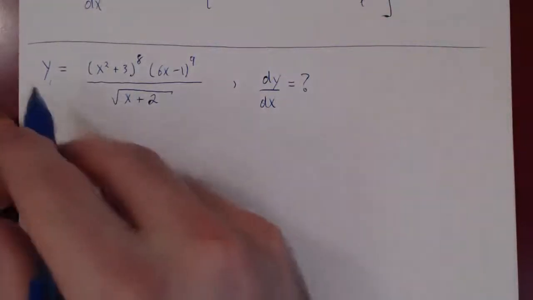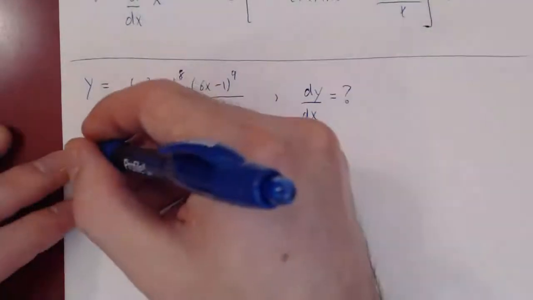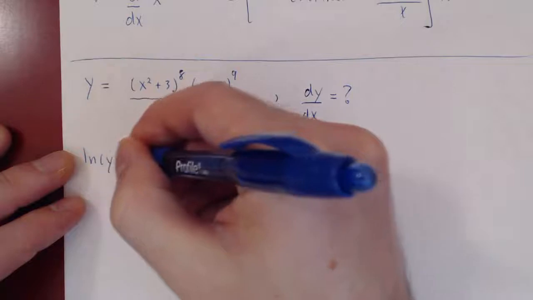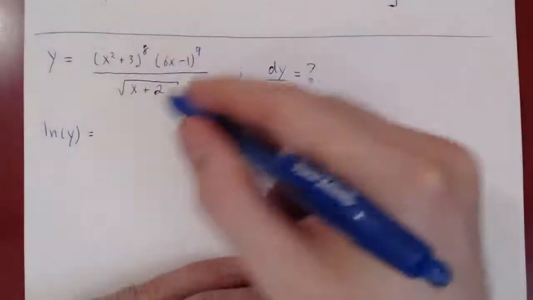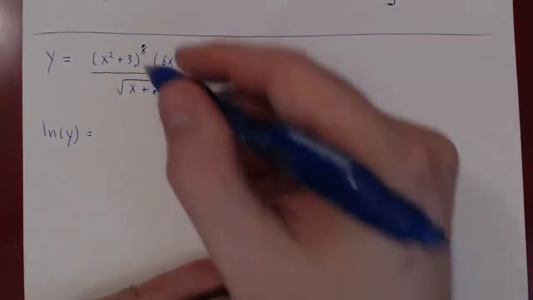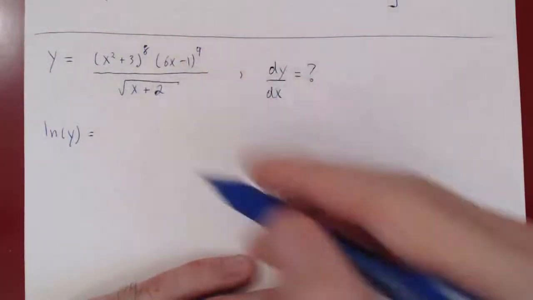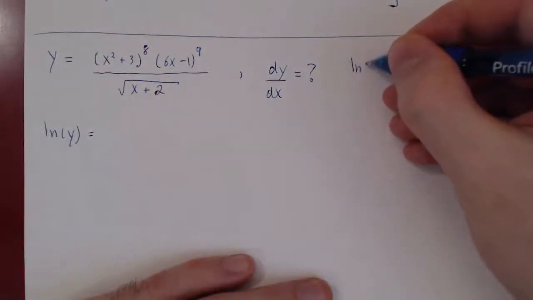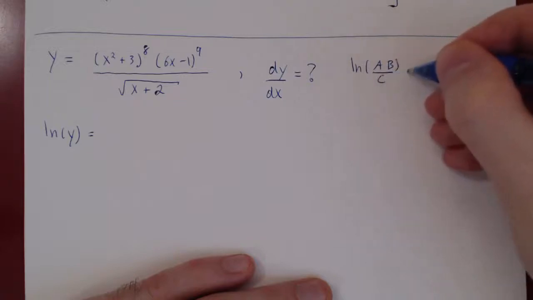So let's take ln on both sides and then simplify the expression. So we have ln of y will equal the ln of this expression. But think of it, this is the ln of a times b divided by c. So imagine that you have this ln of a times b over c.